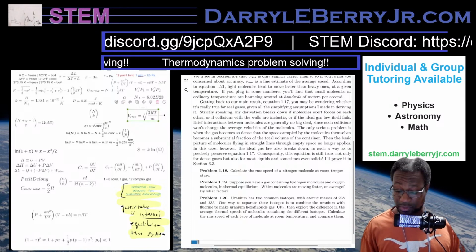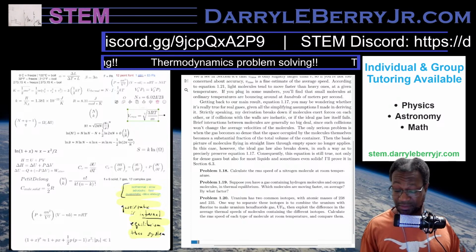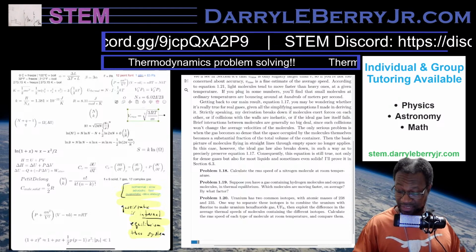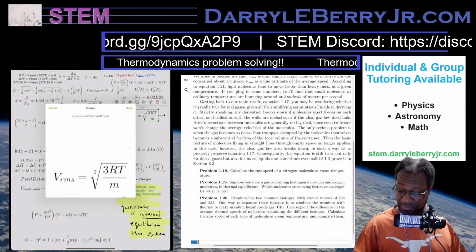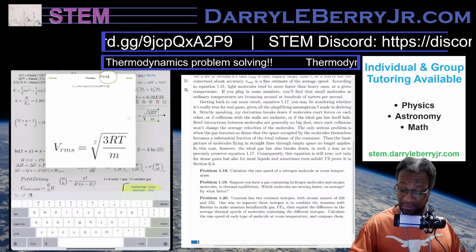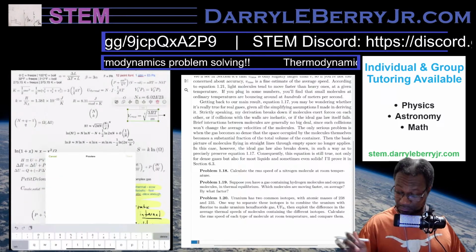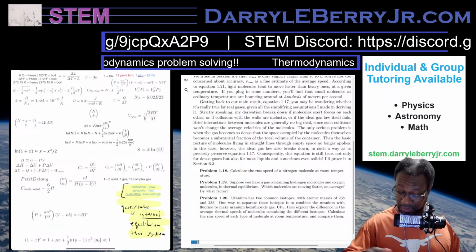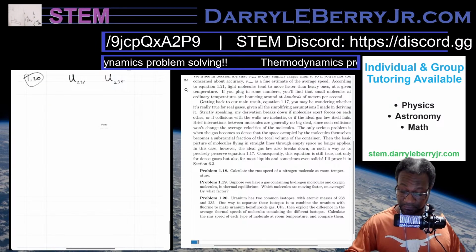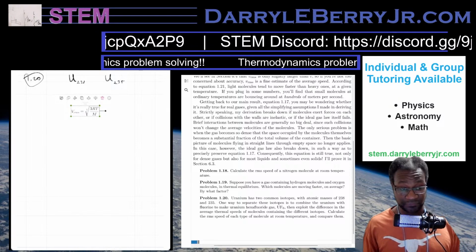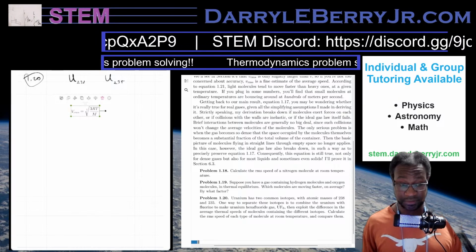V_RMS equals square root of 3 RT over M. And notice they have a capital M here. Not sure if that makes a big difference, but I'll go ahead and make it capital M just in case. All right, this should be correct. V_RMS equals square root of 3 RT over M.